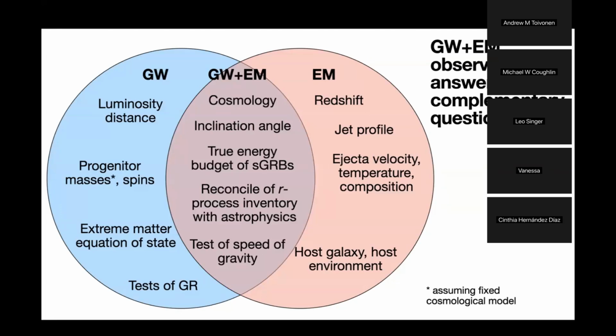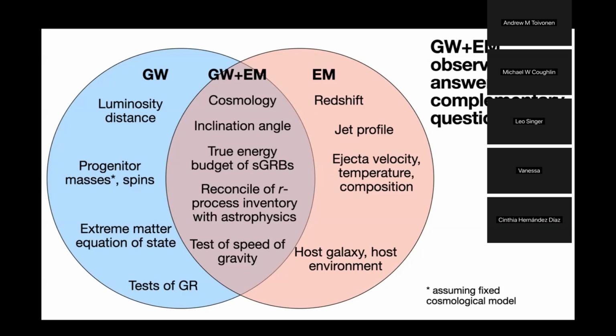They produce a known luminosity for a given set of masses, and we observe a given intensity of gravitational waves. Knowing the intensity and the luminosity, we get the distance. We get the progenitor masses, the masses of the two compact objects that merged, although that mass is also tied up with the redshift, which we don't know just from gravitational waves.